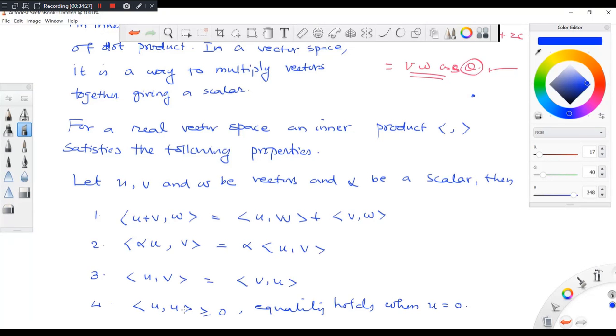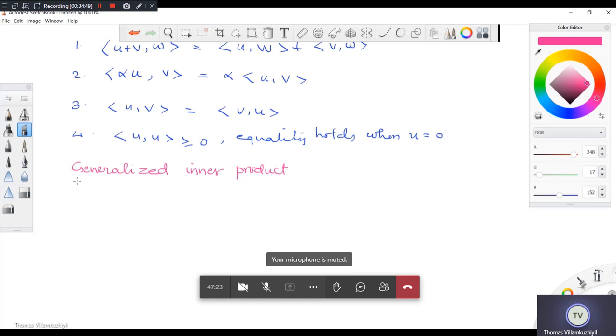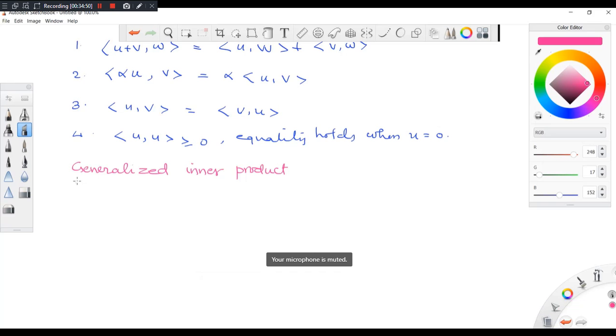Now what is a generalized inner product? Your space is not a Euclidean kind of thing. The space is a curved space, a Riemannian kind of space. Then how will you define the inner product here? That inner product you usually call the generalized inner product.